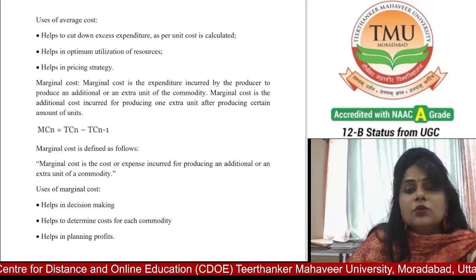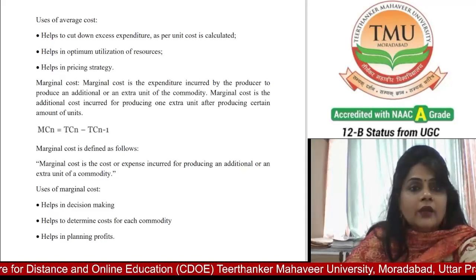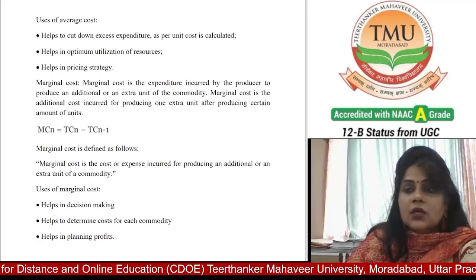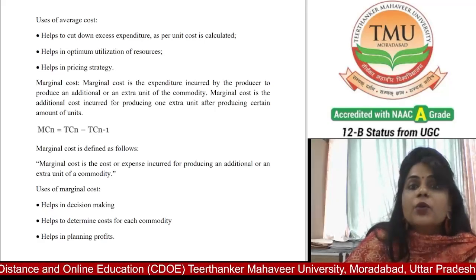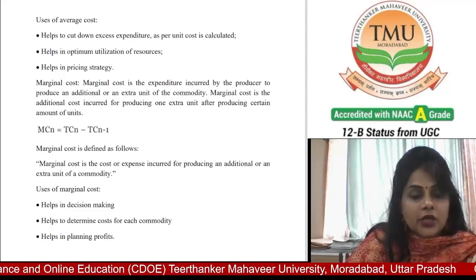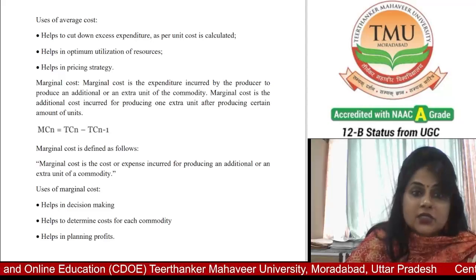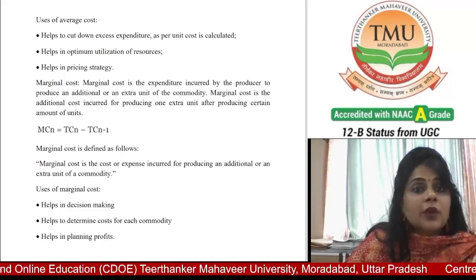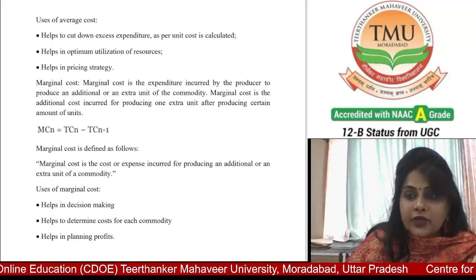So I think you have understood what marginal cost is: the cost or expense incurred for producing an additional or an extra unit of a commodity. It helps in decision making, helps to determine cost for each commodity, and helps in planning profits.